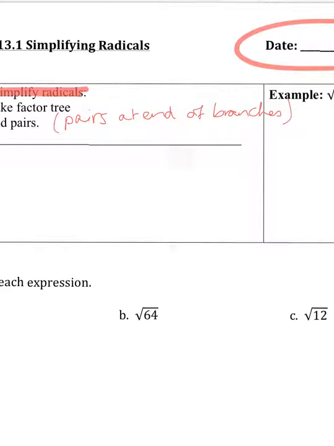And then we're going to write pairs and leftovers. Write the pairs out and the leftovers go under the radical.